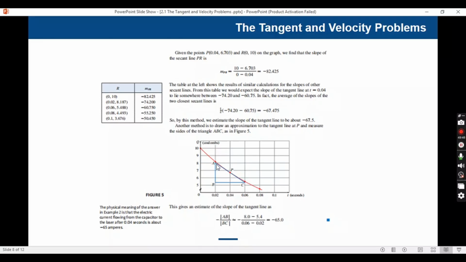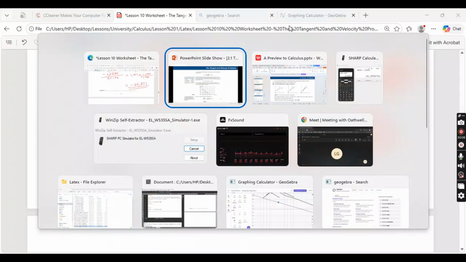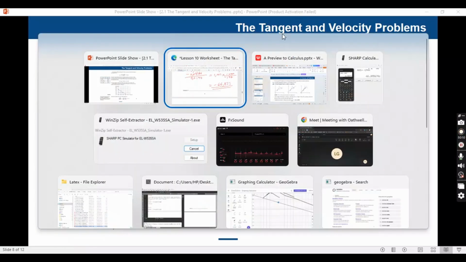So now the other method, I'm not sure if this is different from the first. I want us to try it out and check.